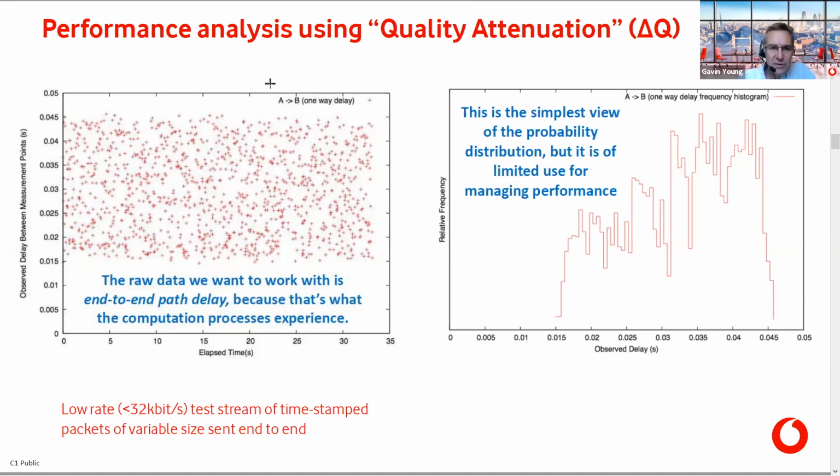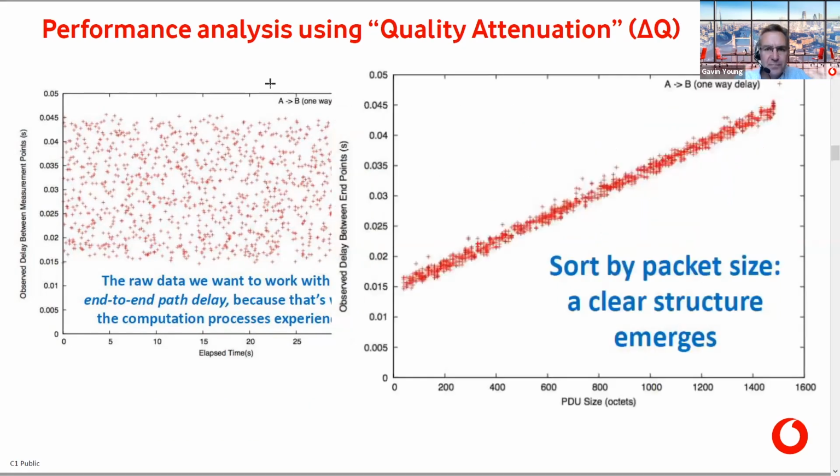That's the raw data, that end-to-end delay. If I then want to examine those as a probability distribution, I can plot them as relative frequency versus the observed delay as shown on the right there. And you get a couple of artifacts from that. You get a lower bound and an upper bound and a kind of shape. So it gives some insight, but it's of limited use for actually measuring performance.